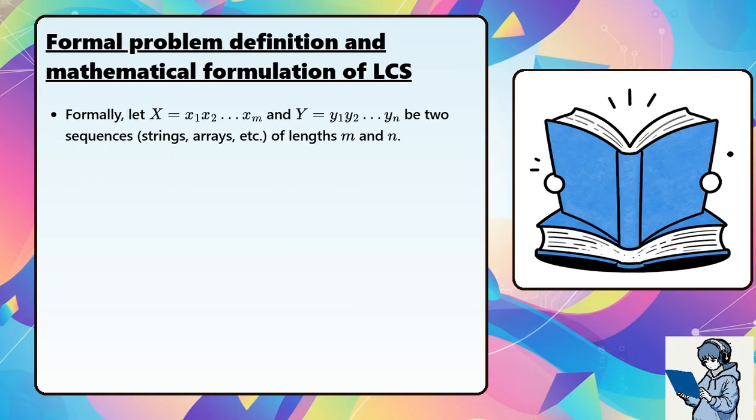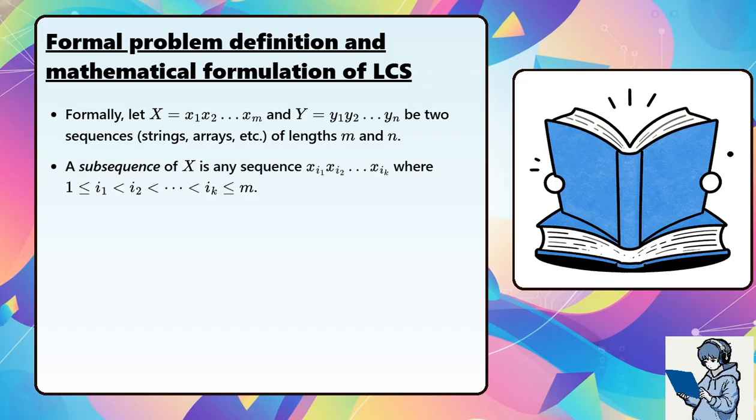Formally, let x = x1 x2 ... xm and y = y1 y2 ... yn be two sequences (strings, arrays, etc.) of lengths m and n. A subsequence of x is any sequence x_i1 x_i2 ... x_ik where 1 ≤ i1 < i2 < ... < ik ≤ m.